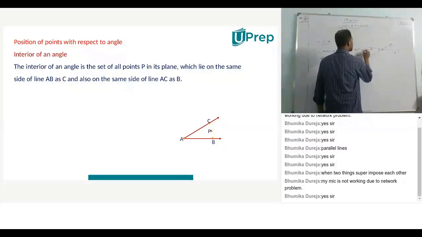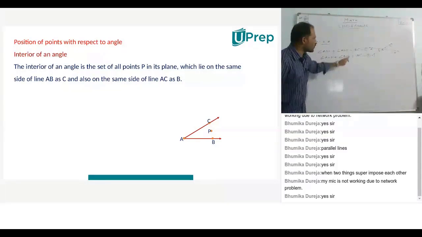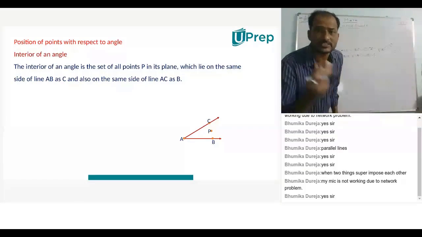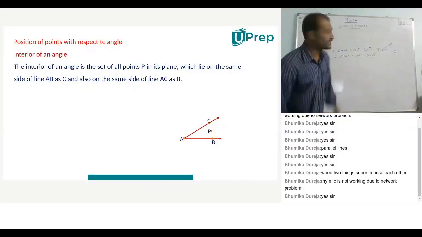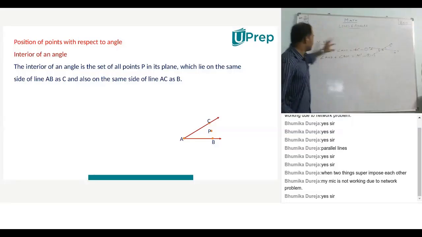If I mark this as equation 1 and this as equation 2, from equation 1 and 2, what do we get? Here both RHS are equal to each other. We know that the things which are equal to the same things are equal to one another. Here what are same things? 180 degrees. So what are equal to 180? One is AOC plus AOD and the other one is AOD plus BOD.